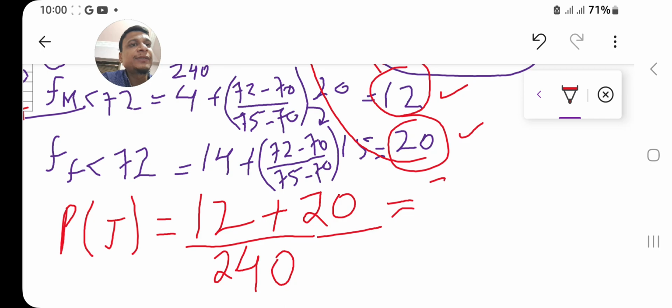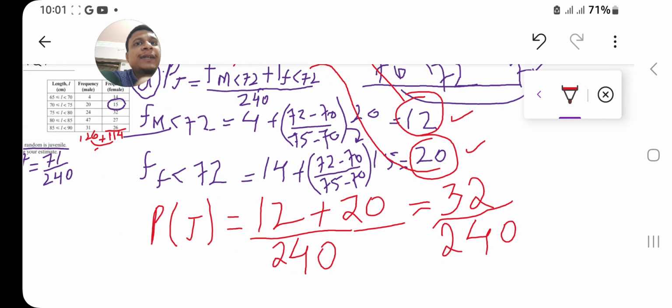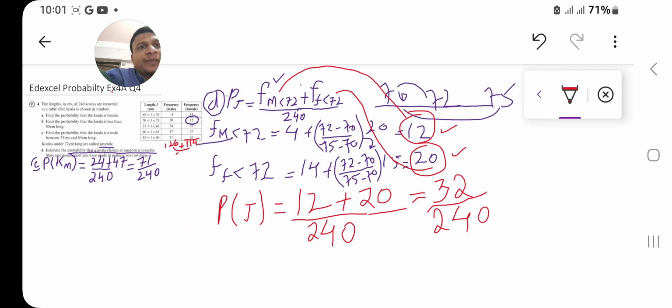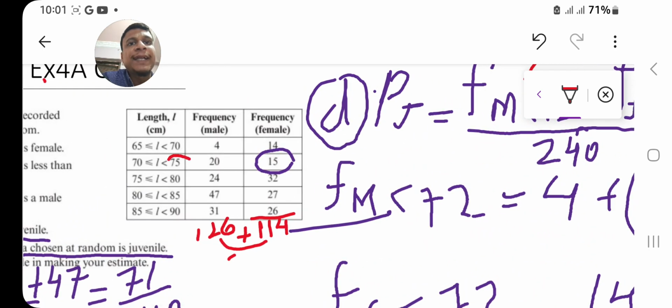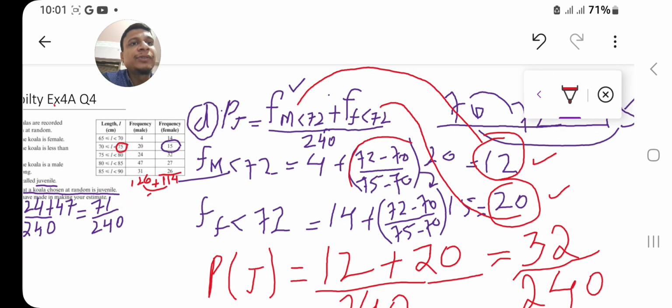This fraction is 32 upon 240. Okay, hope you are getting my point. I have explained question number 4 in the easiest way. Whenever a mid interval is given and 72 is not the ending interval, we will use this type of fraction, which is called the linear interpolation method.